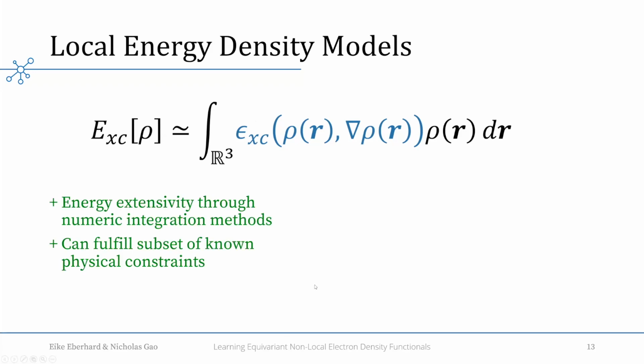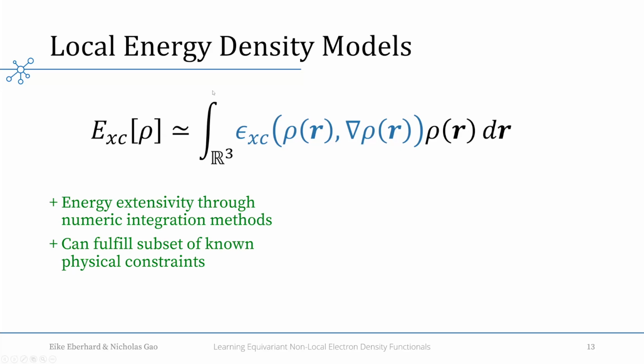So this has some nice features: these integrals allow you to get energy extensivity just through simple numerical methods, like the established quadrature methods. As long as you can evaluate this at any given grid point, you automatically get this extensive property of the energy.